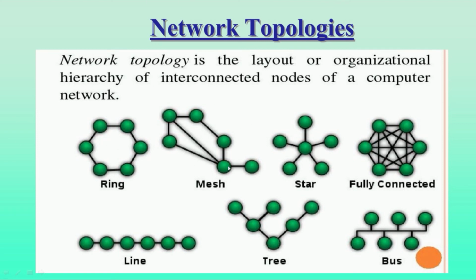Mesh topology, then star topology like a star, and fully connected, and line topology is like a line. And here you can see the tree topology like a tree, and the bus topology, it's also like a bus. I think these figures and pictures are easy to understand.